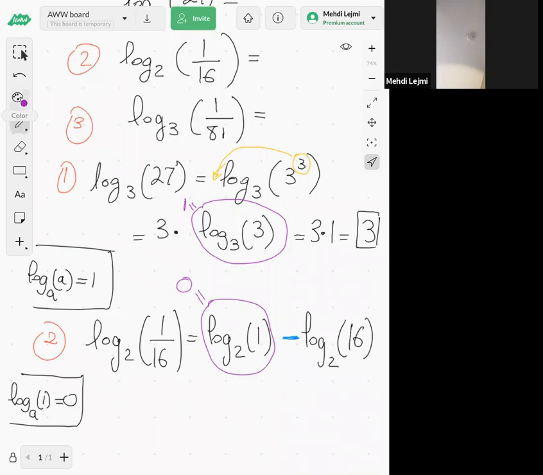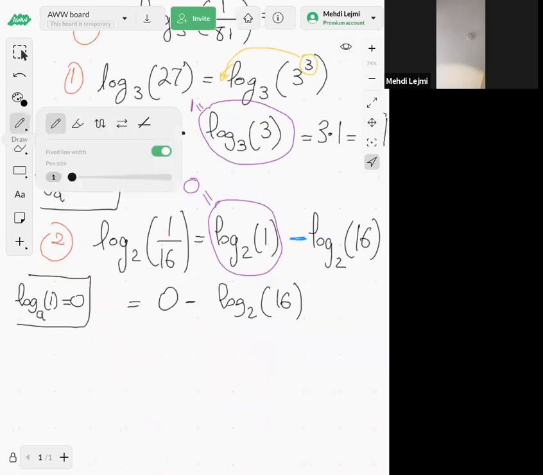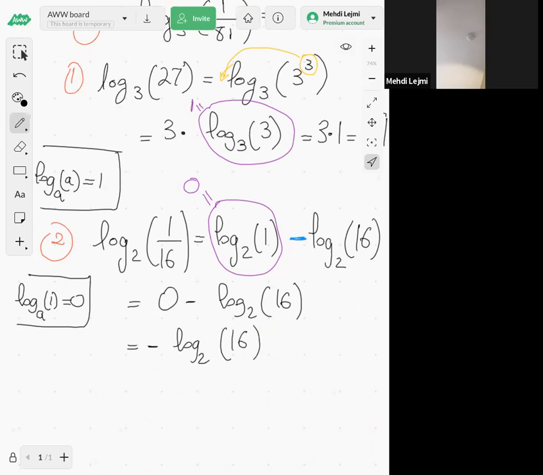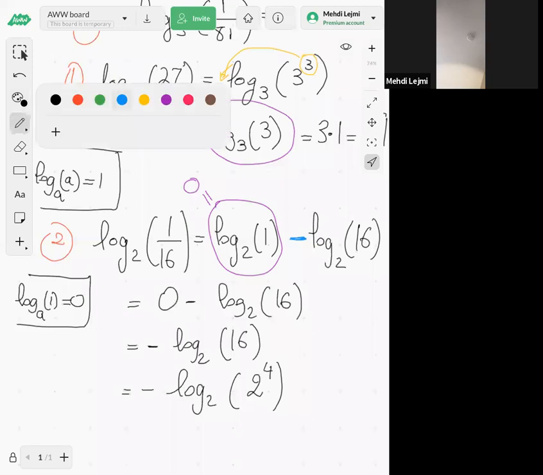So we're going to have 0 minus log in base 2 of 16, so that's negative log in base 2 of 16. Now we can write 16 as a power of 2. 16 is 2 to the 4th, so this is equal to negative log in base 2 of 2 to the 4th. Now you can bring down this power in front of the log.